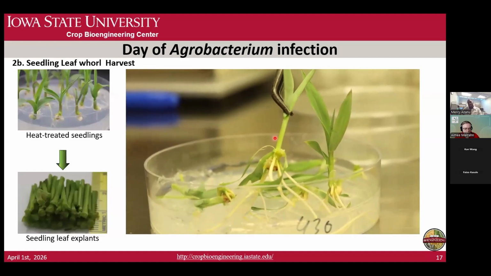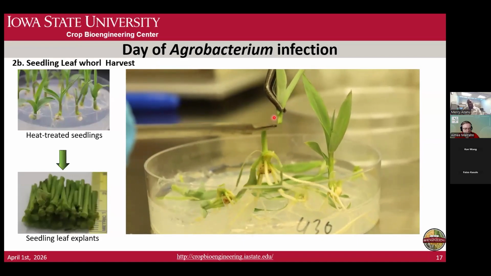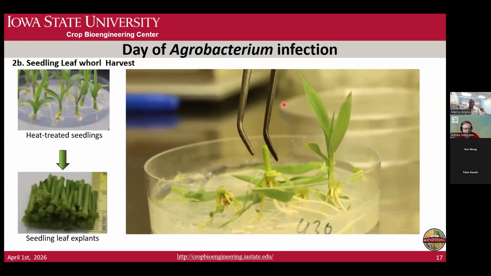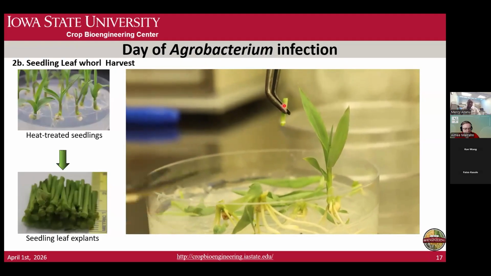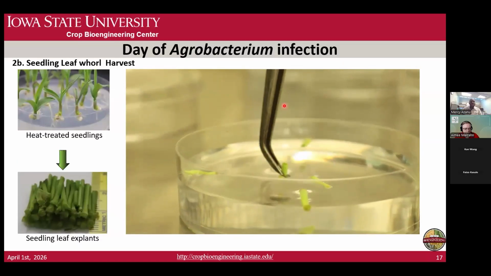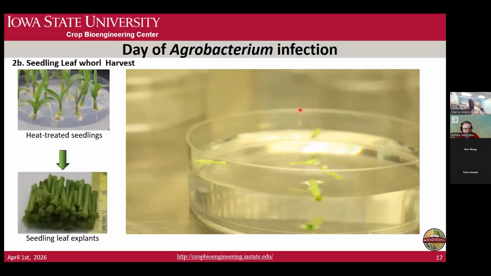You use a pair of scissors, gently, to cut off these upper leaves. Then you hold with forceps and cut at the leaf base that is in contact with the media. You harvest your leaf whorl, then put it into 700 J. The reason you do this is that you want to keep it healthy before you do Agrobacterium infection.